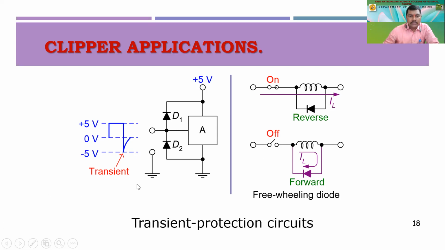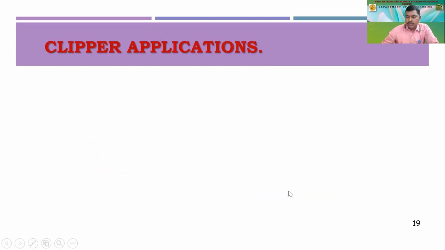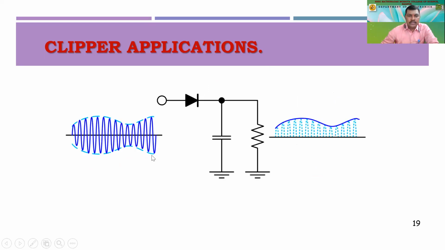So that is called the transient circuit. The negative current will be forward biased, so this is a freewheeling diode over here. This is one application of the diode, right? So these are some of the applications. We were talking about this communication, right?